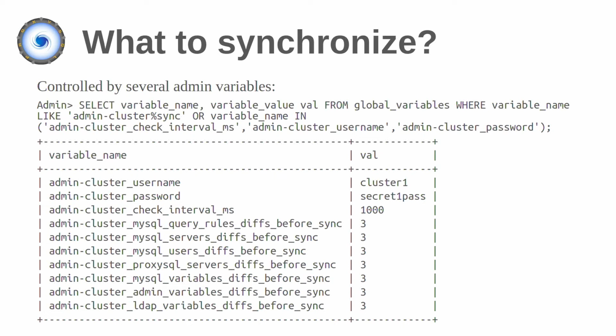And if after 3 checks the configuration is still changed in the way they detected in the previous 3 checks, they trigger the pull of the configuration of the MySQL users. Is this clear? Yeah. Okay. In other words, the changes have been finished before it's pulled. Exactly. This is why you have to wait.